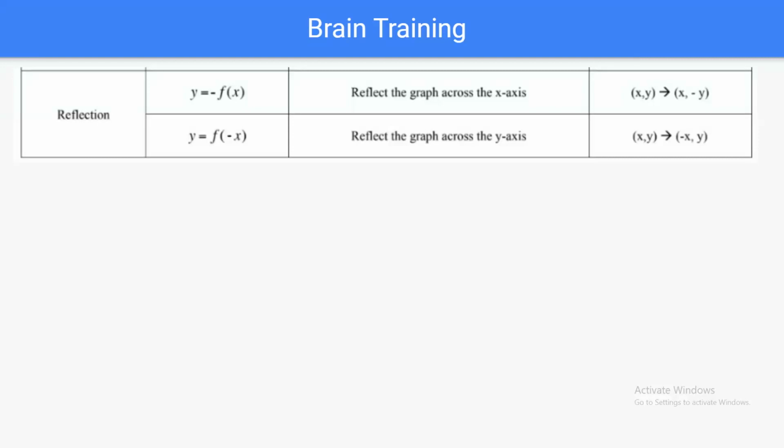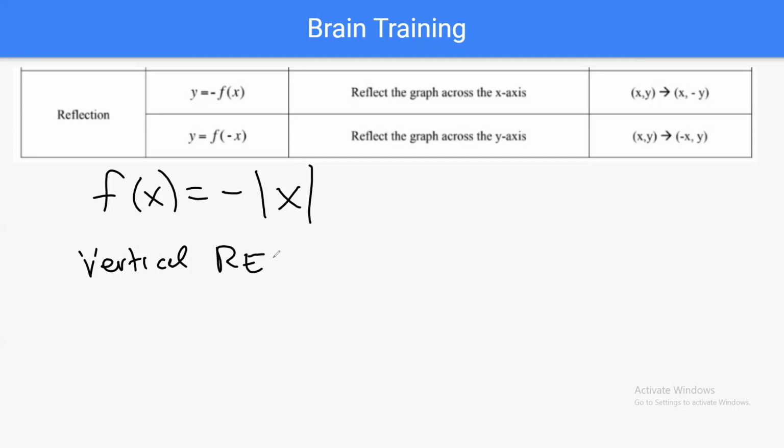Okay, so if we're multiplying by a negative on the outside, right, that negative right there, like f of x equals negative absolute value of x, that's going to be a vertical reflection, right? We labeled it like a vertical reflection. But again, if it's a vertical reflection, that means we're changing our y values.